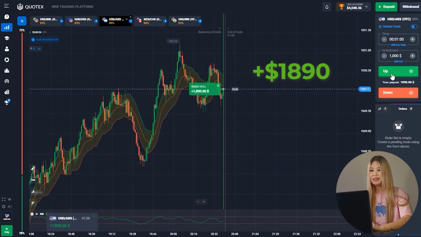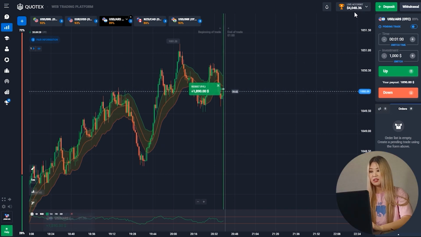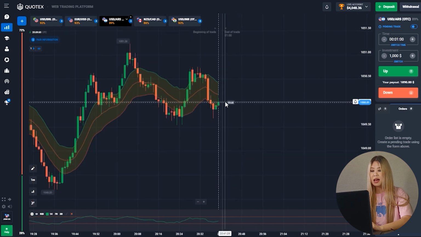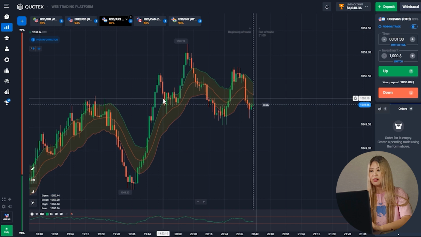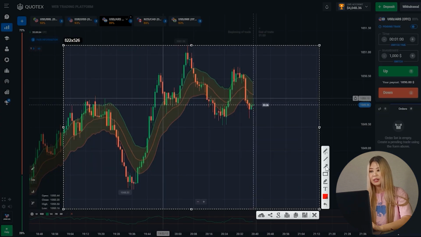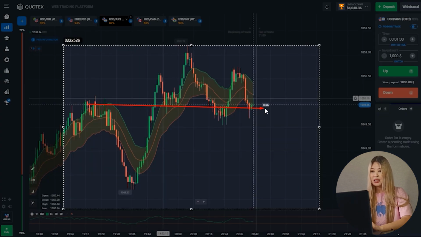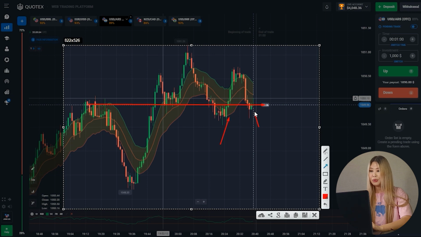And yes, guys, I'm back in the black. As you can see, my balance is $4,048. And let me explain to you again in detail why I opened here. First of all, we see here a rather strong support level, which our price has reached for the second time. It was previously a resistance level.